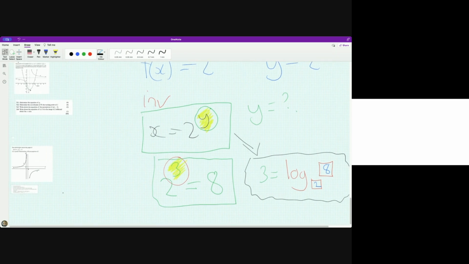Okay, so I want to ask you to put this in your calculator. Type the log of 16 to the base 4. What do you get? You get 2. Okay, I want you to type this in your calculator. What do you get when you go 2 to the power of 4?